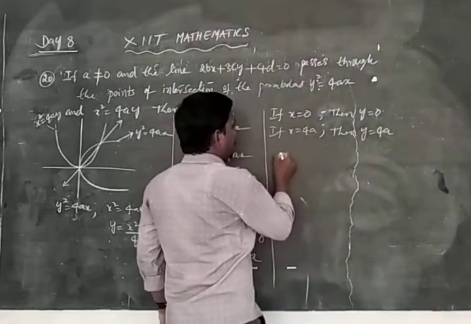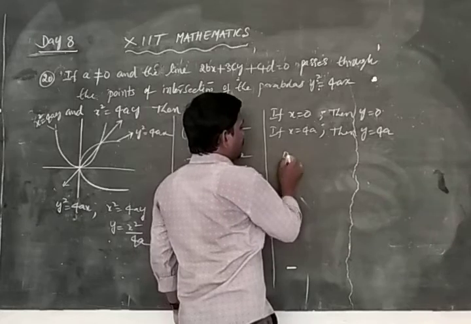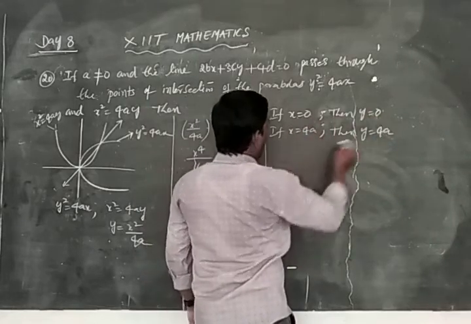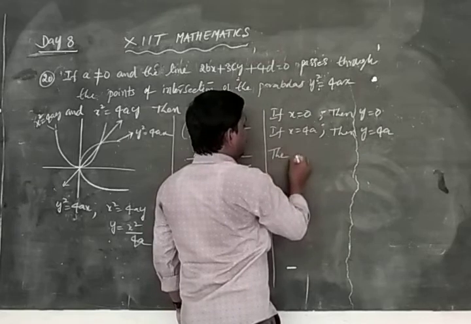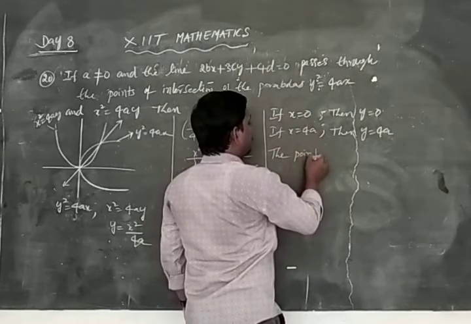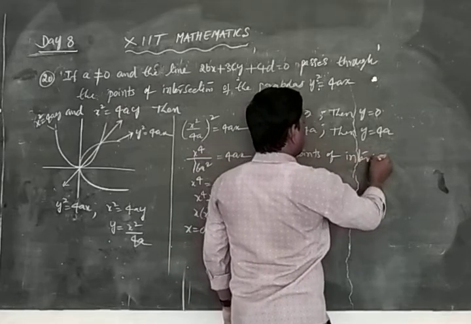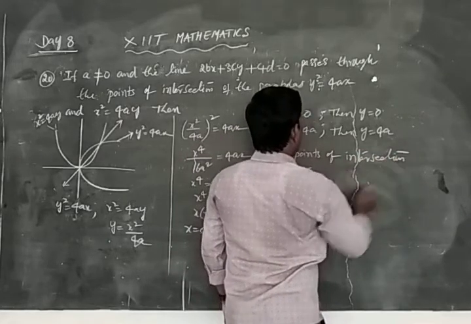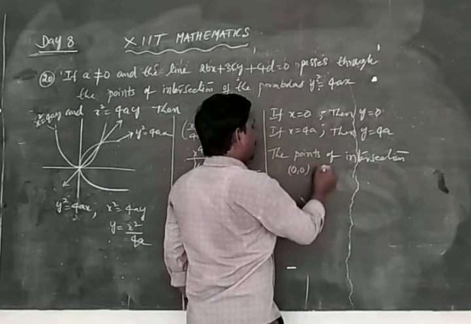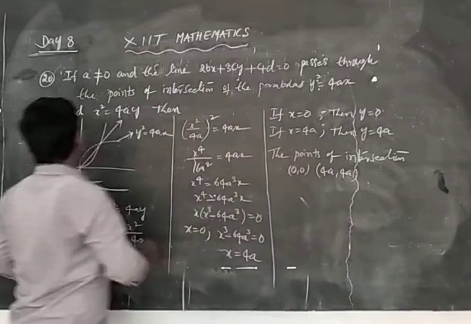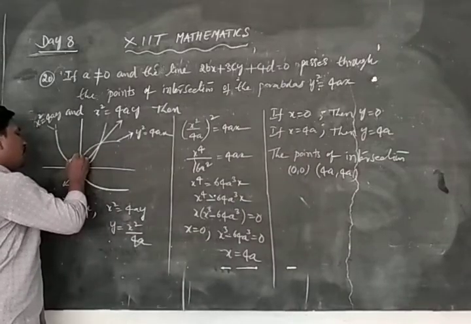Now we got 0, 0 and 4a, 4a, the points of intersection. So this is 0, 0.